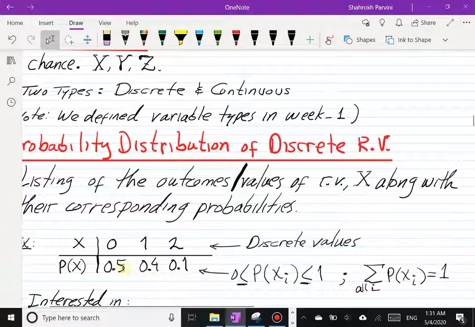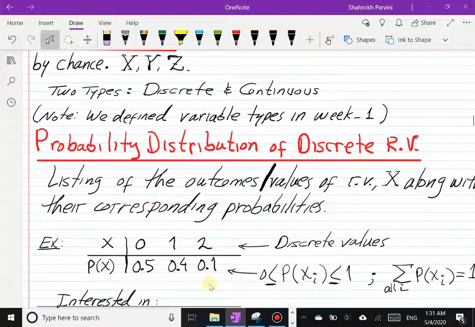When I made this up, I made sure the numbers are between 0 and 1. You cannot have negative probabilities or probabilities greater than 1. Second, the total of these probabilities should add up to 1. Otherwise, we don't have a complete table. So those 2 things must be in place for this to be a valid probability distribution.